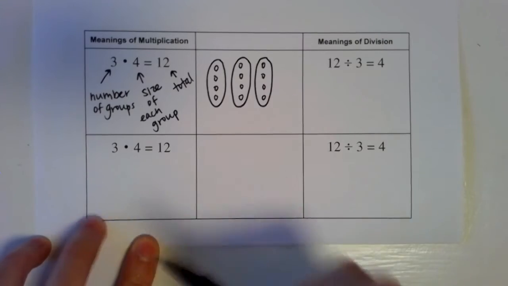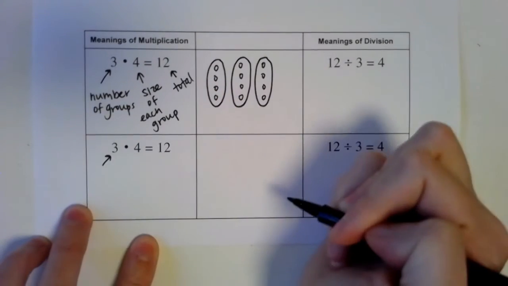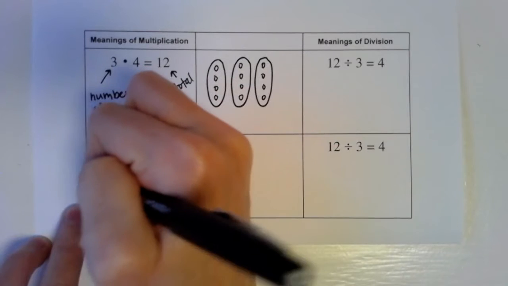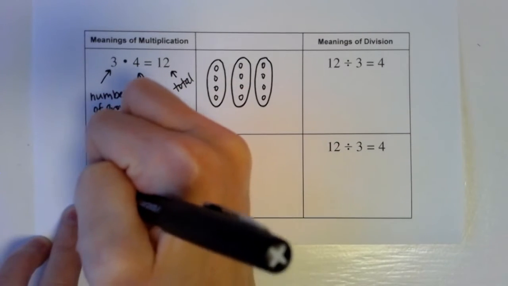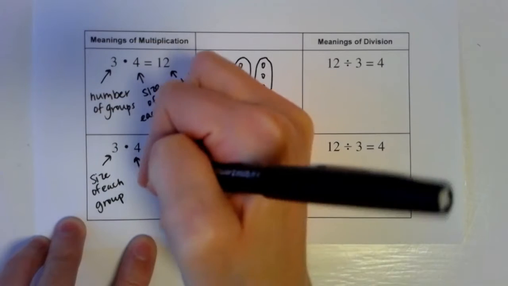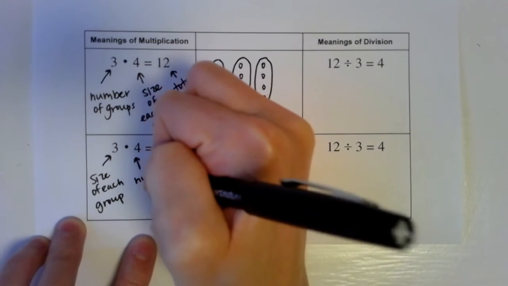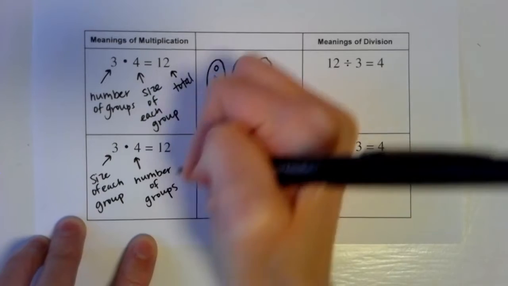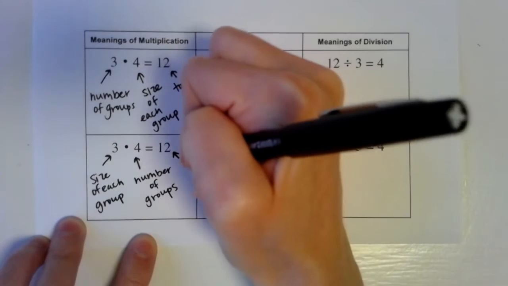Another way to think about multiplication is to have your 3 as the size of each group, and 4 can be the number of groups. "12" is again our total.